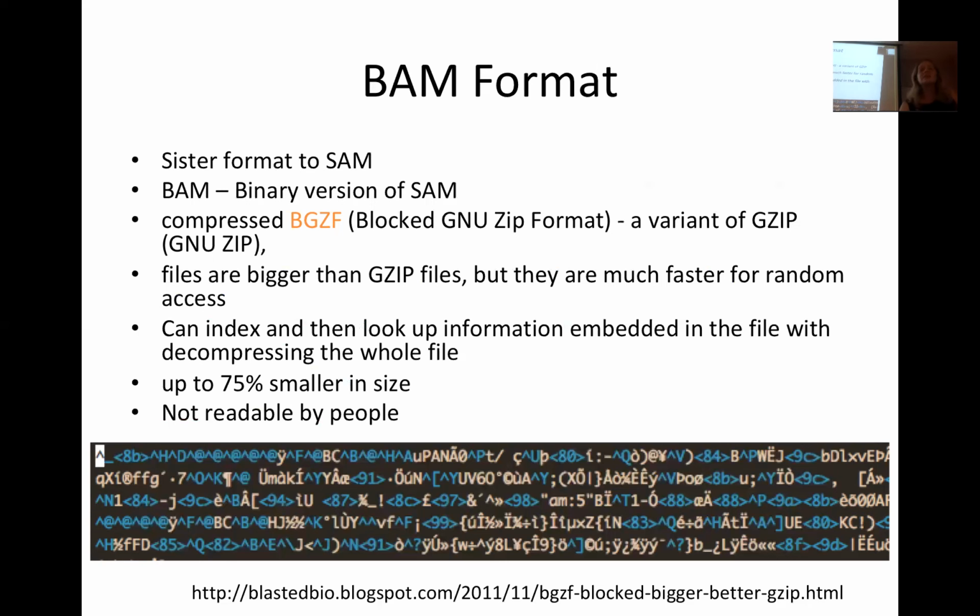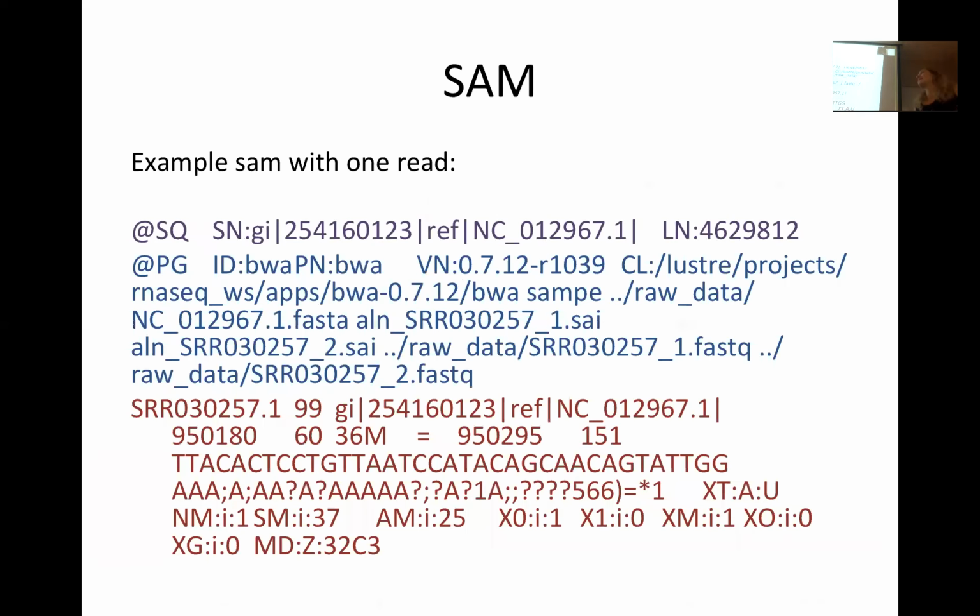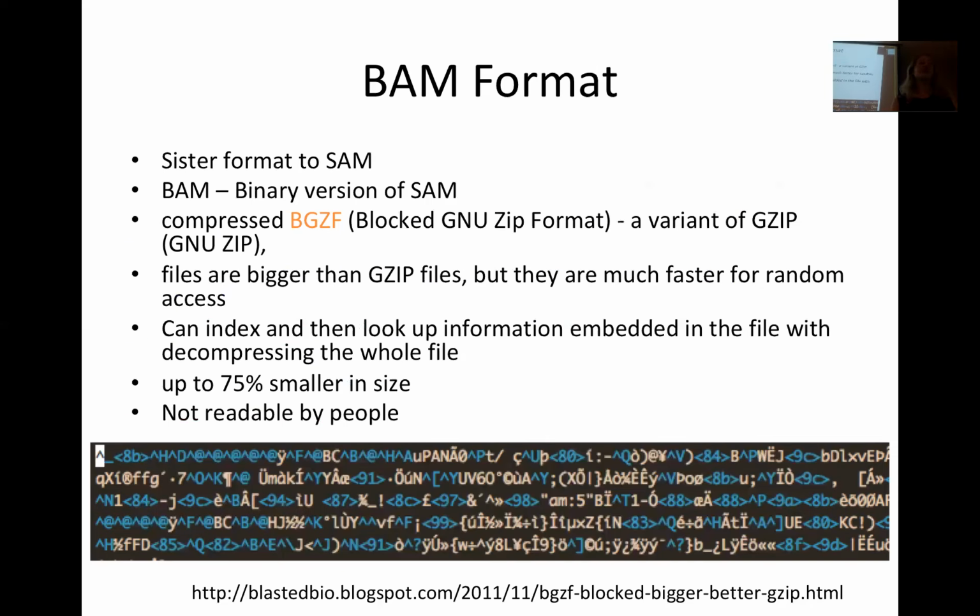But as we've seen, that's not that human readable. I mean, this is a stretch to call this human readable. So for the most part, you're not going to want to look at this. Maybe if you have a question about one area of your reference, you really want to dig into it, you might look at it. For the most part, store things in BAM and let the software do all the work reading them.